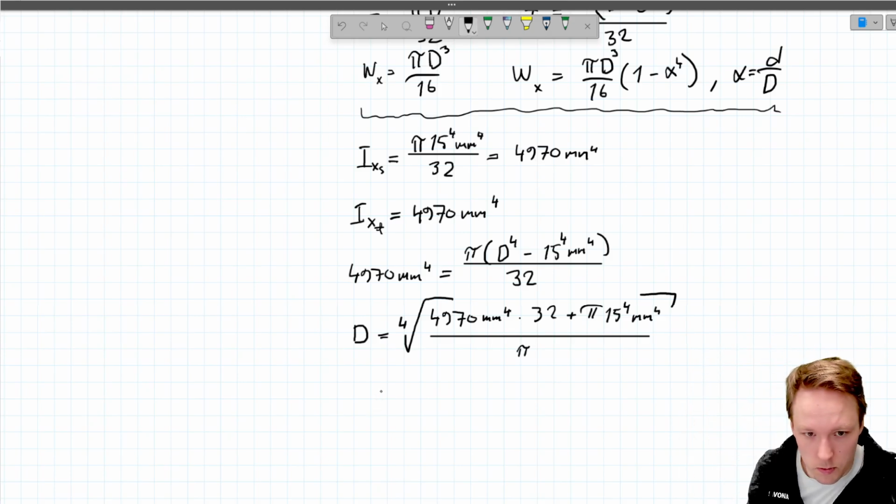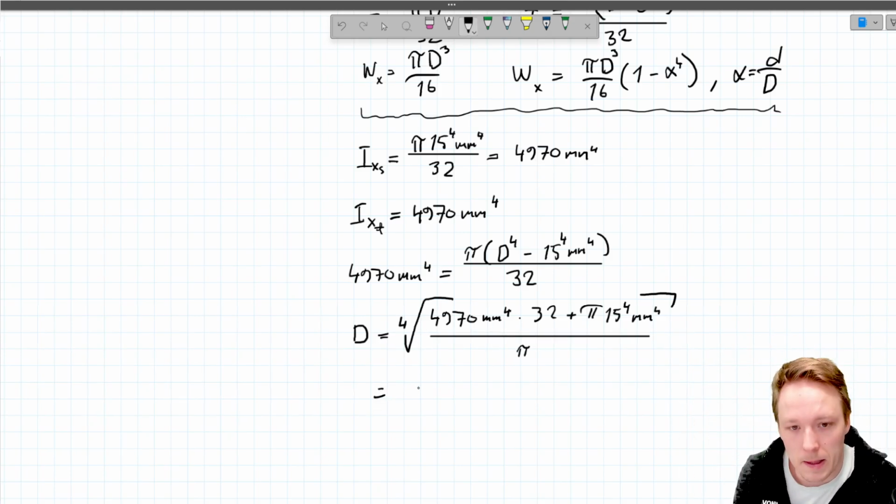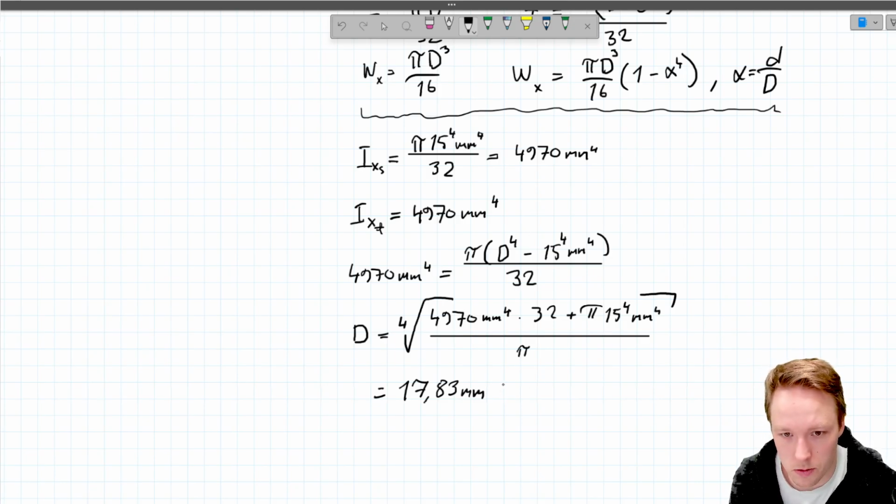And the answer for this one would be 17.83 millimeters. So roughly 18.